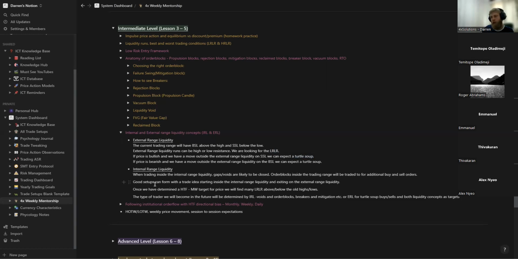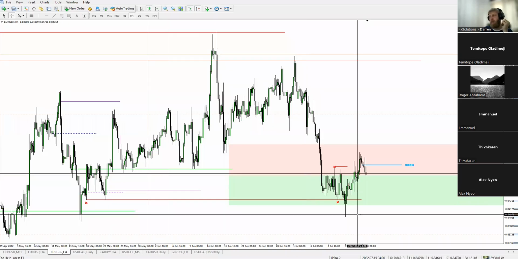For internal range, when trading inside the internal range liquidity, gaps and voids are likely to be closed. Why? Because as a result of voids or gaps being created, we are already moving away from some particular swing low or swing high.